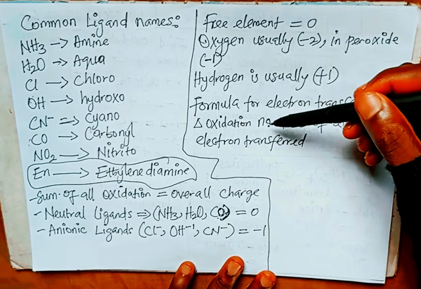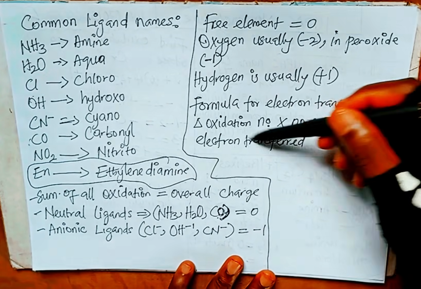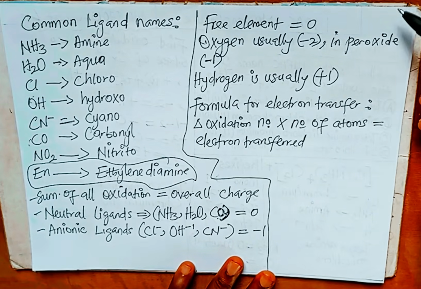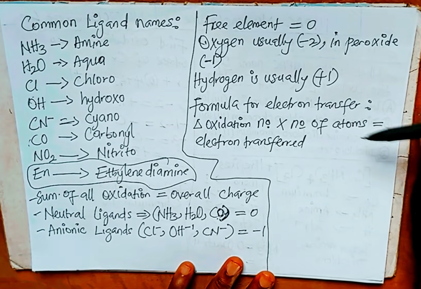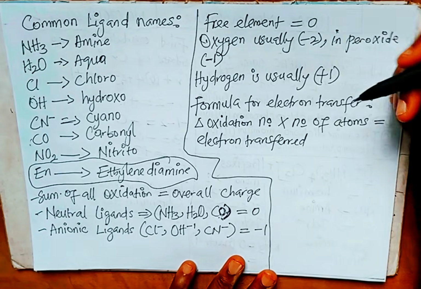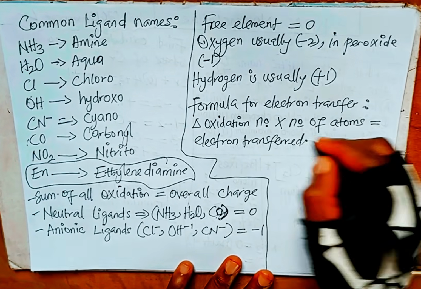So if they ask you what the electron transfer is, you just take the change in oxidation number, times the number of atoms, and you get the electron transferred.